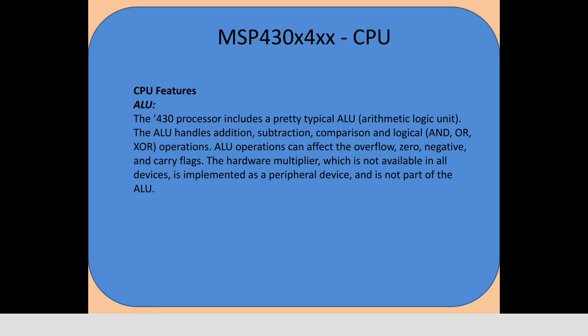The arithmetic logical unit performs addition, subtraction, comparison under arithmetic operations. Under logical operations, it performs logical AND, logical OR and XOR operations. The multiplication is not included in the CPU. The multiplication is performed by a peripheral device, the multiplier, present inside the MSP 430 family microcontrollers, which is not a part of the CPU.